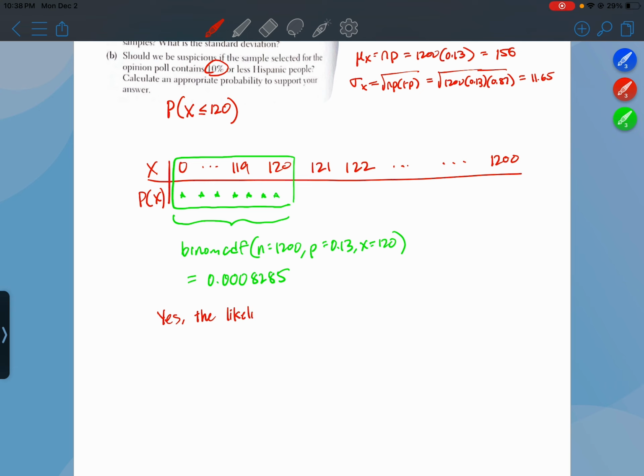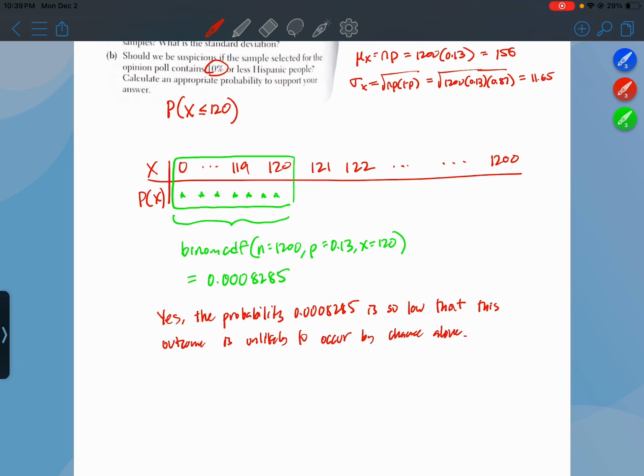The probability 0.0008285 is so low that this outcome is unlikely to occur by chance alone.